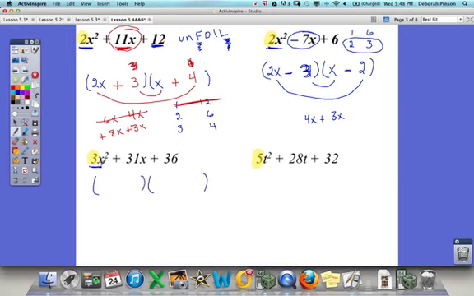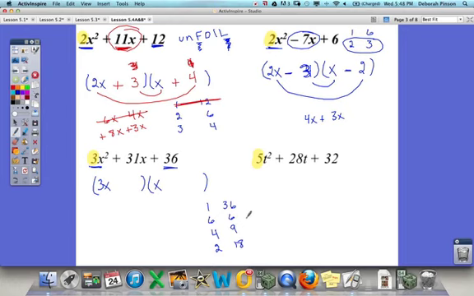Okay, so to get 3x squared, I'll use 3x and x. Now 36, I've got quite a few different options. I probably have more than this, but I'm just writing down the ones that I'm thinking of. I know there's a 2 and 18. There may be some others, but I'm just going to try some.